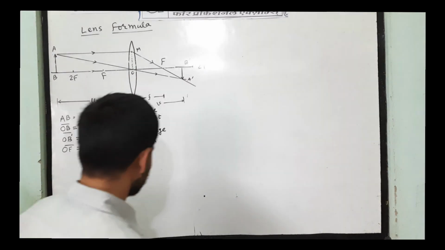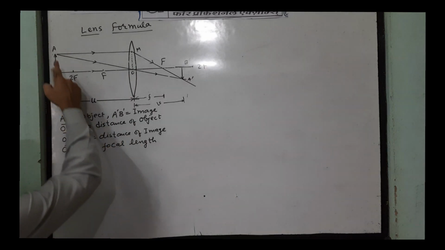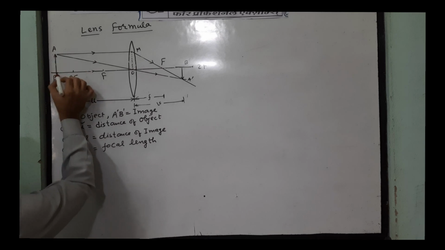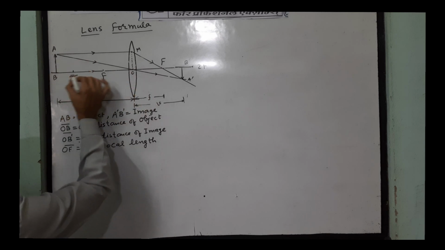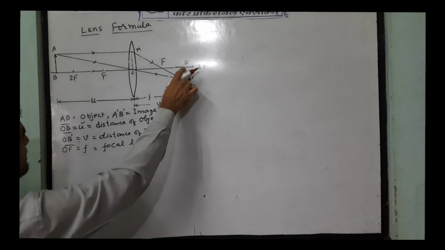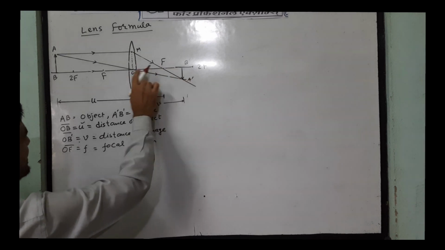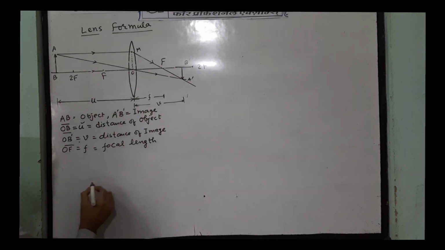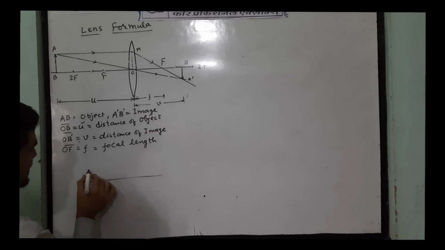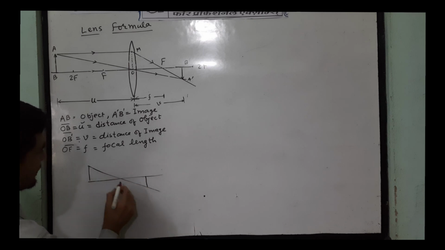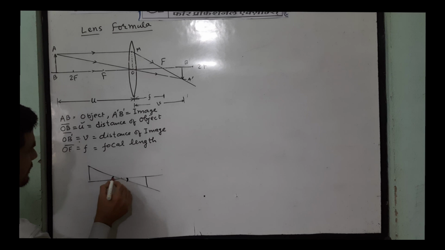So here just see, ABO and A prime B prime O, you can say A dash B dash O. These two triangles are like this. This angle will be equal.